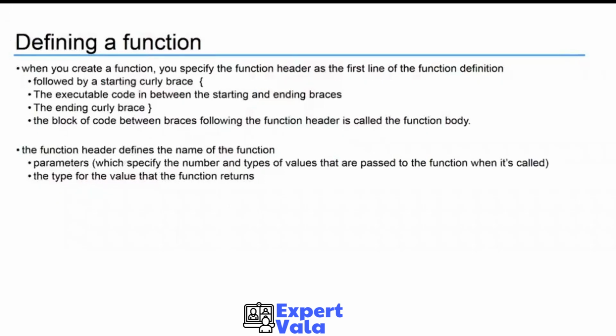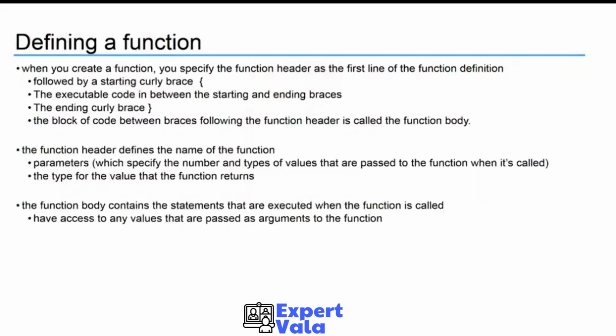We mentioned that a function can return data. So in that function header, you are going to have the name of the function, the data that can be accepted by the function, and the data that's returned by the function. We are not going to focus right now on the data that can be passed or the data returned.